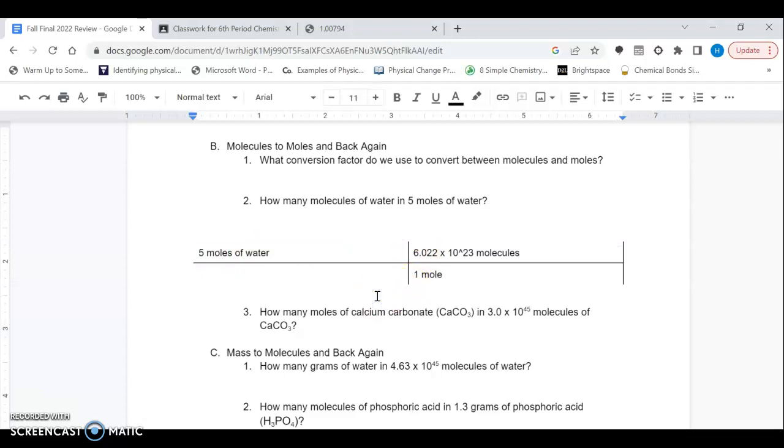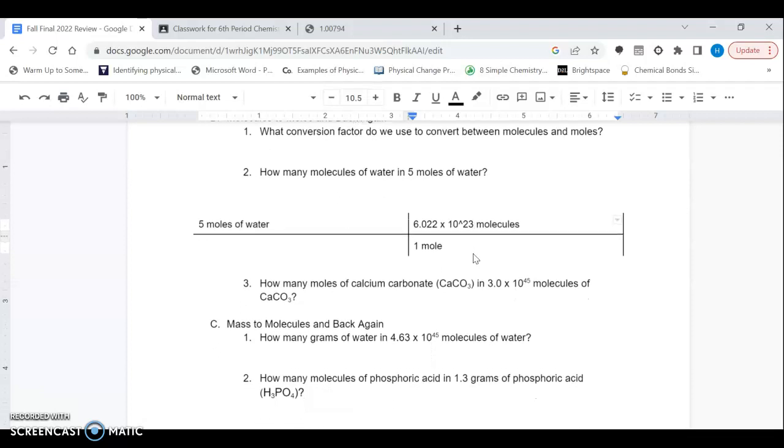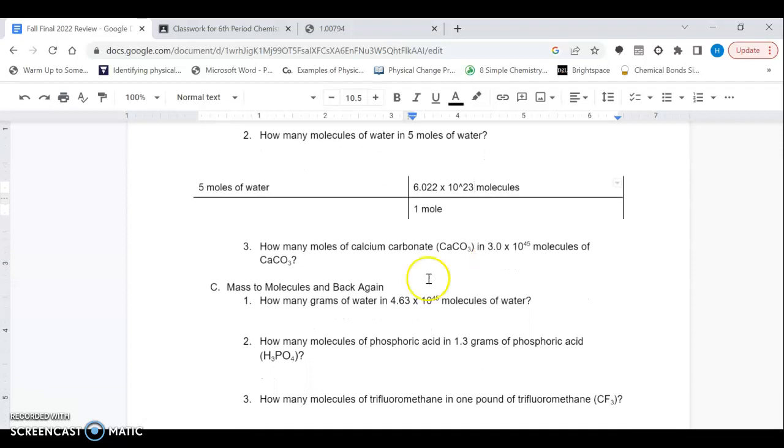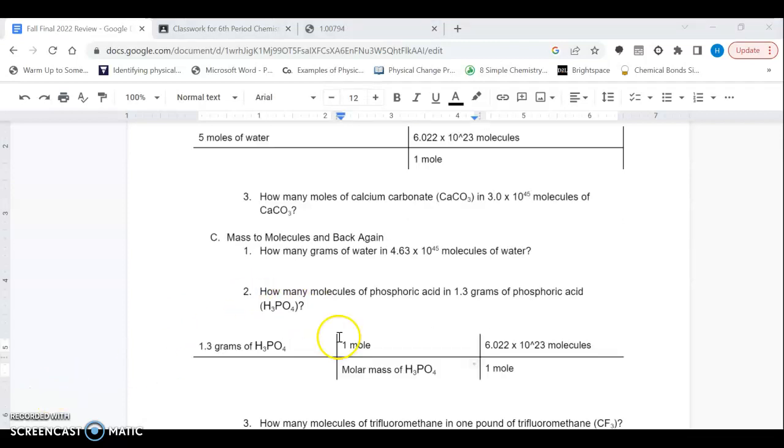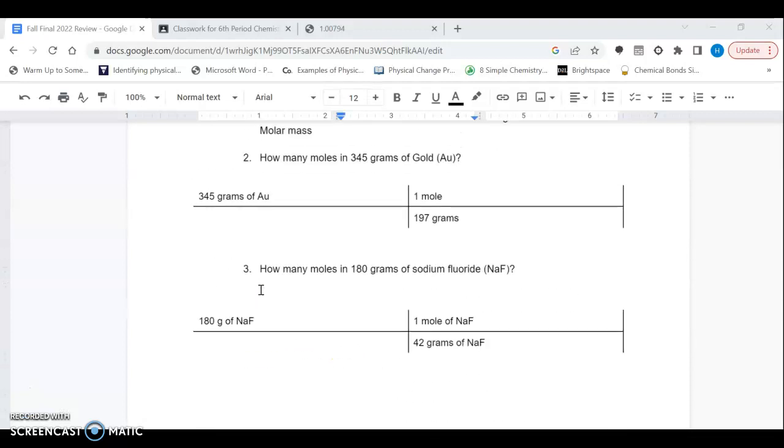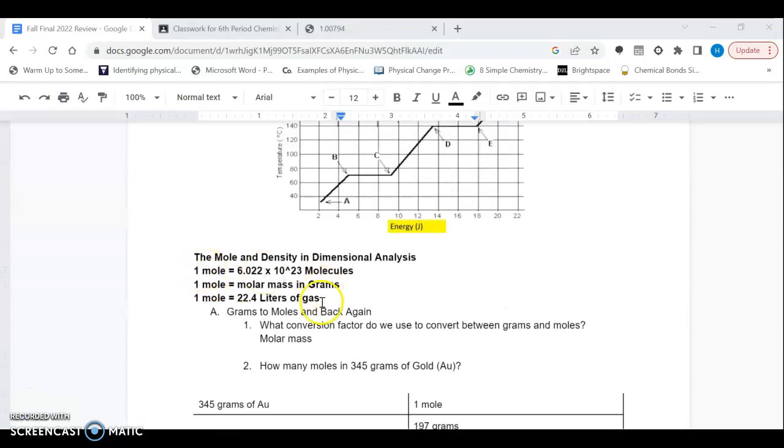Remember, this is why we talk about scientific notation in chemistry, is because we're so frequently dealing with that very, very large number. I'm going to go ahead and do one last little thing here showing how to set up a multi-step mole dimensional analysis problem. So on this problem, I'm using the same 3 conversion factors right here.